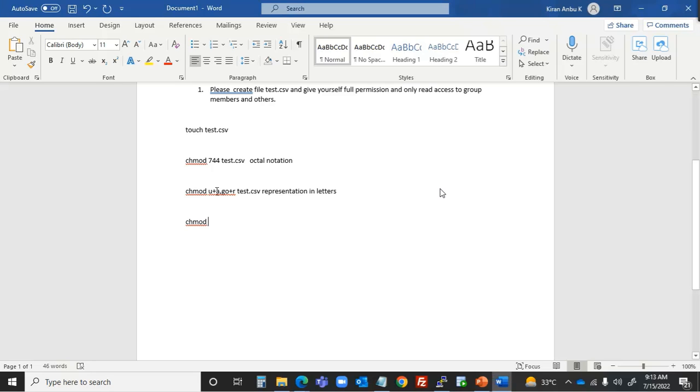Because here, all permissions for owner and read permission for group and others. So simple: GO minus r test.csv.